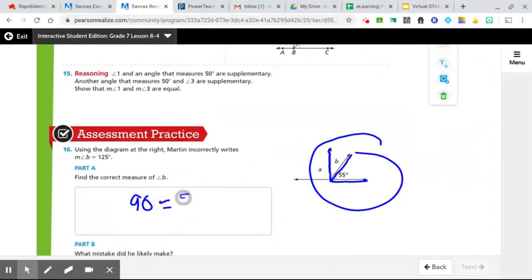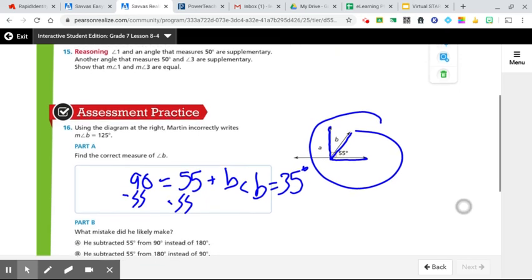I know one of the angles measures 55, and I'm not sure what B is, but I'm going to figure it out. So 55 plus whatever B is will equal 90. Subtract 55 from both sides to get B by itself. And I can see that the measure of angle B equals 35 degrees, right? Because 35 degrees plus 55 degrees is 90 degrees.